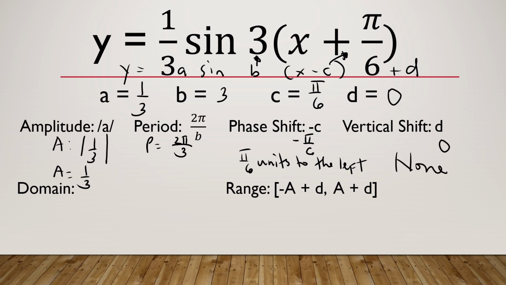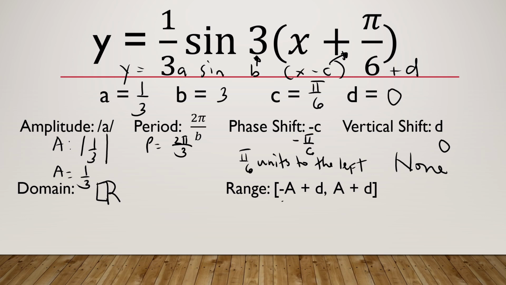There will be no movement vertically to the given function y equals 1/3 sine 3 quantity x plus pi over 6. The domain of sine and cosine functions is always the set of all real numbers. If there is a condition, you will write the condition for the domain. But since there is no condition in this given, our domain is the set of all real numbers.